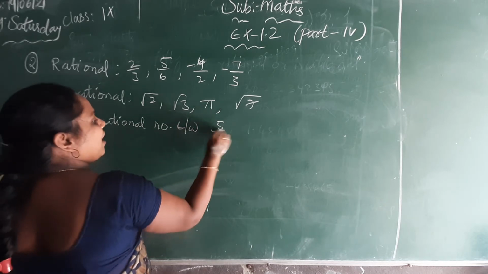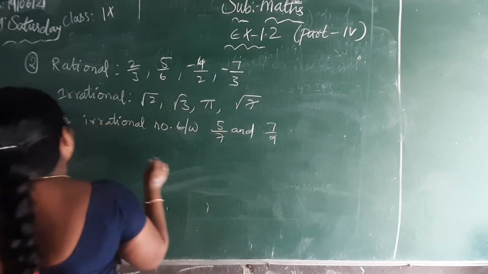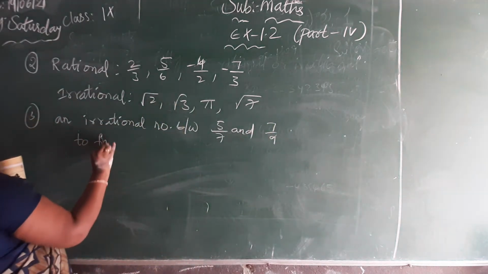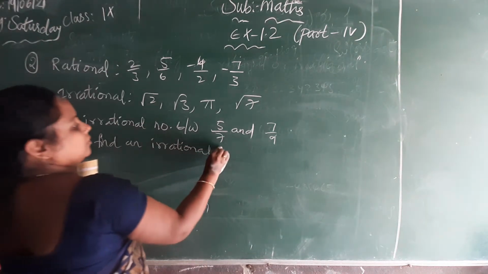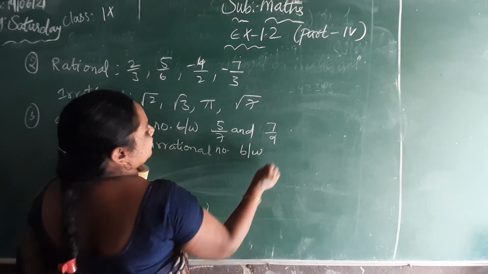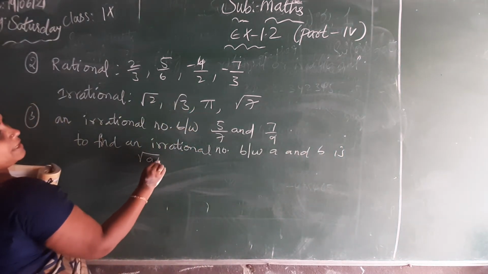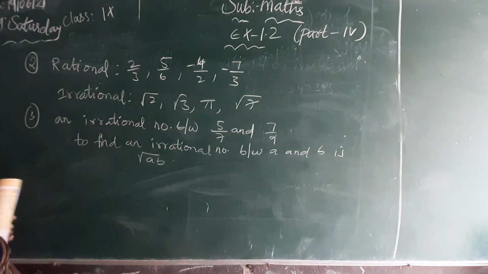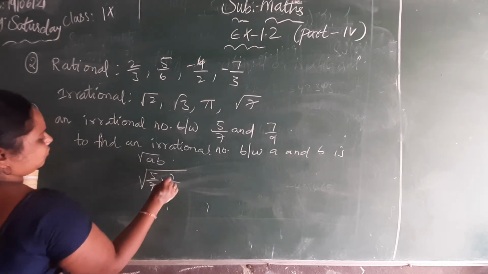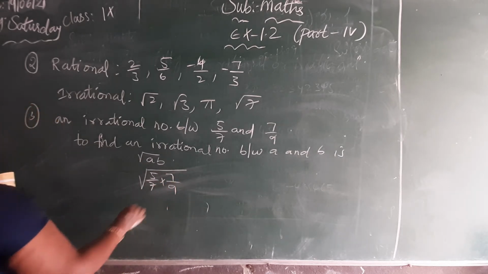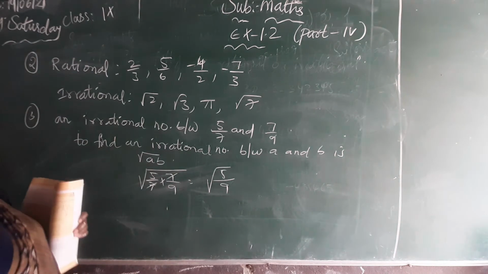To find an irrational number between A and B, the formula is root AB. That is root of 5 by 7 into 7 by 9. The 7s cancel and we are left with root 5 by 9.